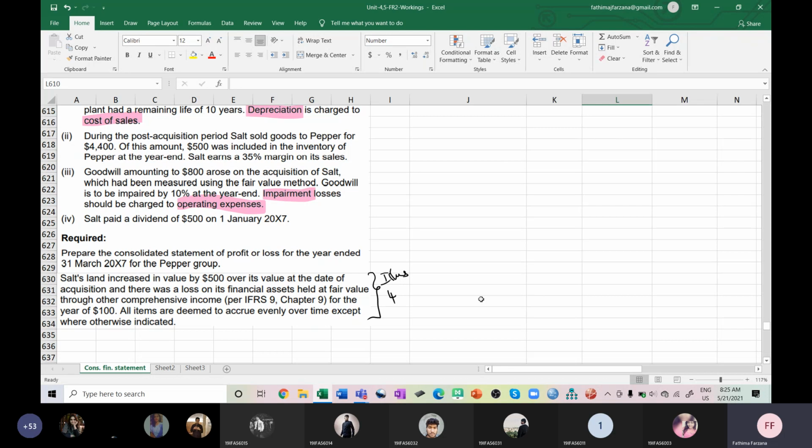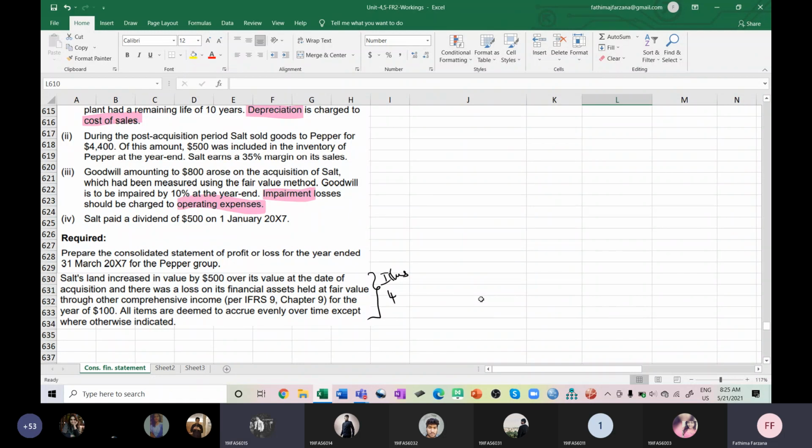Fine. Where do we have to show this loss? Profit or loss, or OCI? SOPL. Think, SOPL means both are there. I'm asking whether you will show it in OCI or only in profit and loss. Only in profit and loss, ma'am. Read carefully.